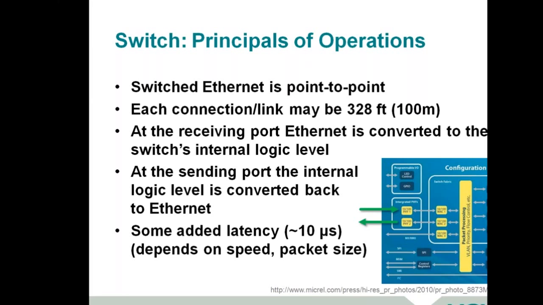Now, switches do add a little bit of latency. It varies from switch to switch and from manufacturer to manufacturer, but it's really minor. We're talking in the realm of a few microseconds. So you can put 3 or 4 switches in series and not see any appreciable latency. Okay, so there's one of the techniques, utilizing a switch.